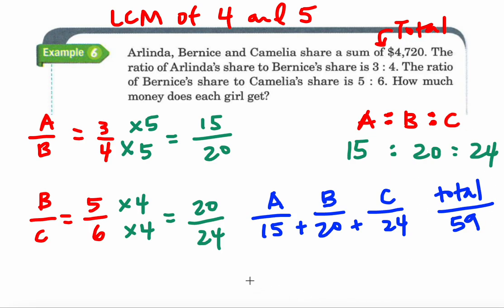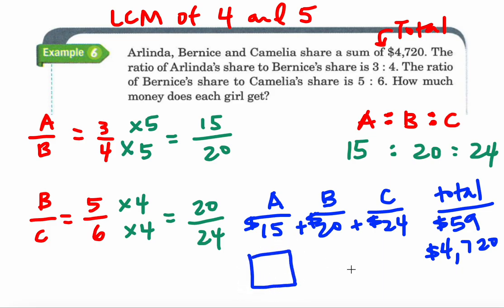Now we want to continue that ratio because we're assuming they're keeping the same ratio when they split this cash, and their total is $4,720. If they were to maintain this ratio, how much would each girl get?